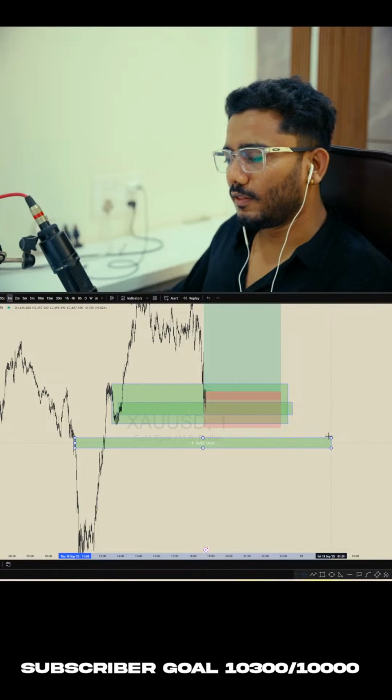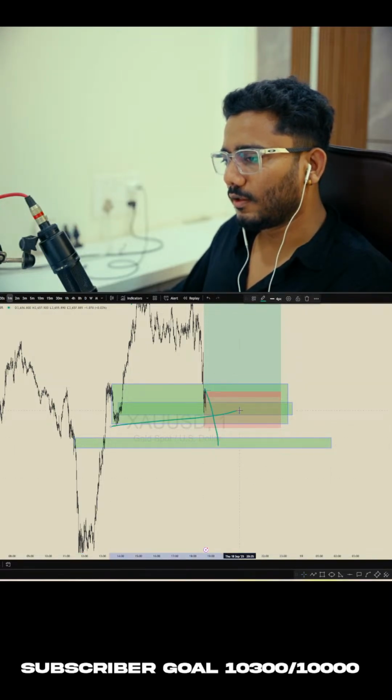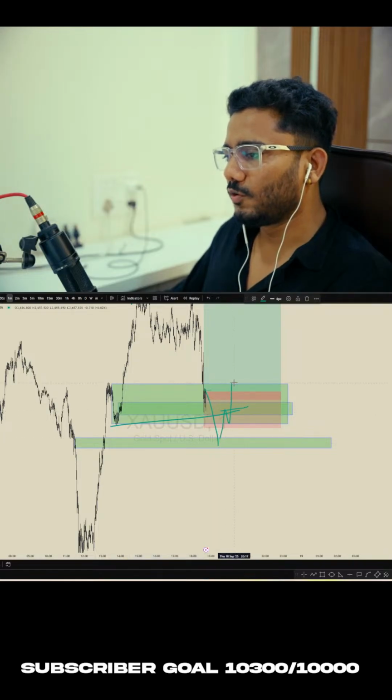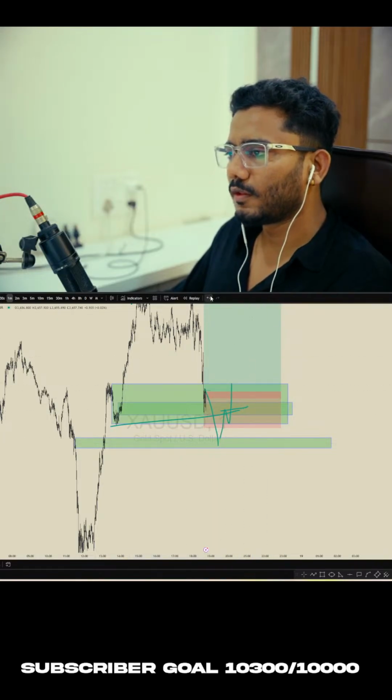But in case price sweeps this liquidity, like creates a trend line and sweeps the liquidity, then I'll wait for price to break new structure and I'll look for a re-entry.